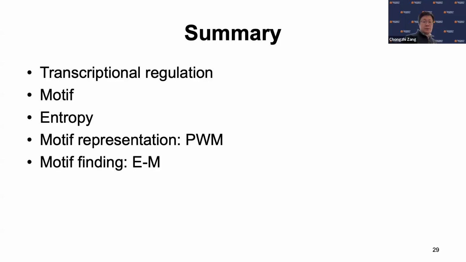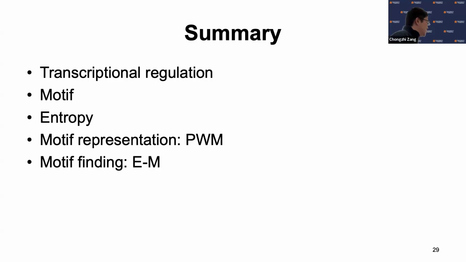Okay, so in summary, I gave you a very brief overview of the concept of transcriptional regulation, and I briefly discussed what a motif is and different ways of motif representation, a more deterministic way or a more quantitative way, especially using a position weight matrix, PWM, to quantify or represent motifs.